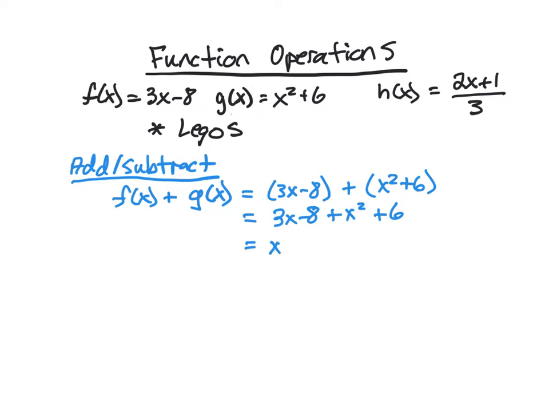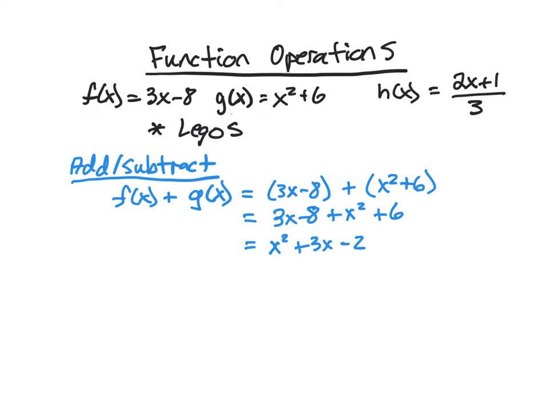And that means the highest power first, x squared. And I've got 3x. And then finally, I can combine my negative 8 and my positive 6, which ends up with negative 2. And so our new composite function from adding two different functions together ends up being x squared plus 3x minus 2.